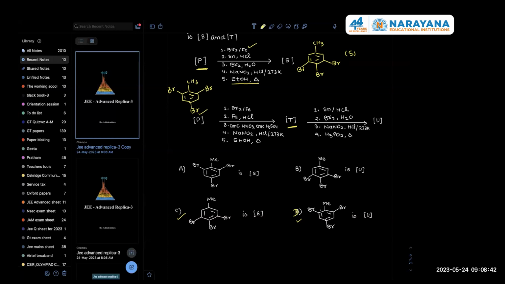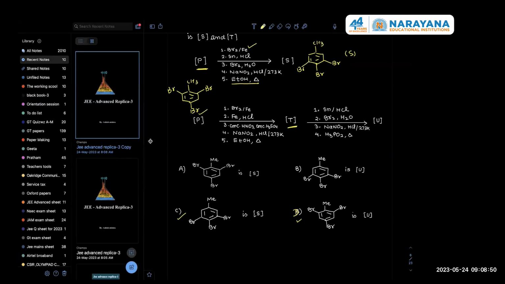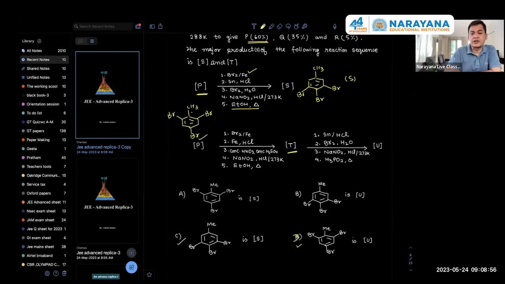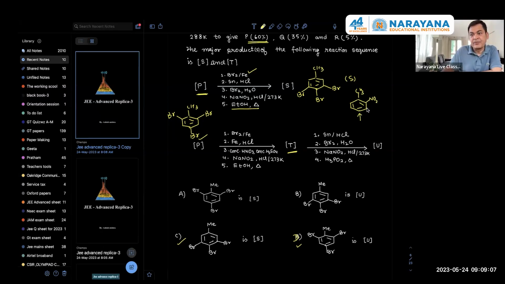Are you getting this? Sir, in the first step, why did you put bromine in para position? Because in this case both positions are activating the same. This is suppose CH3, this is suppose nitro. Nitro is meta directing, so this one is meta, this one is meta.